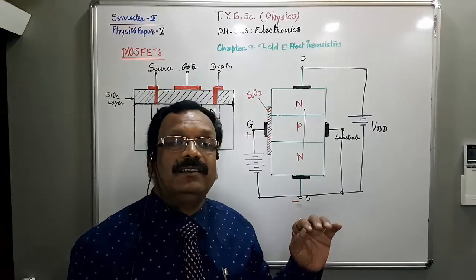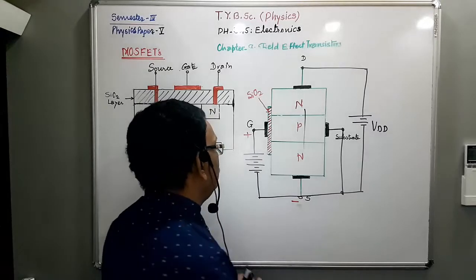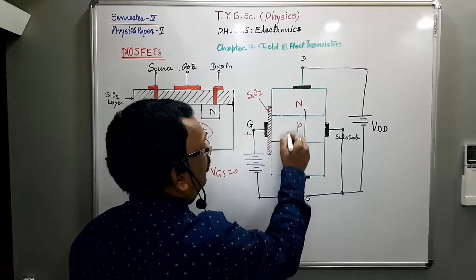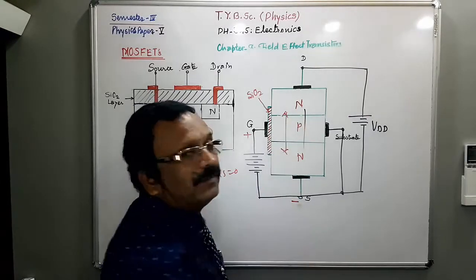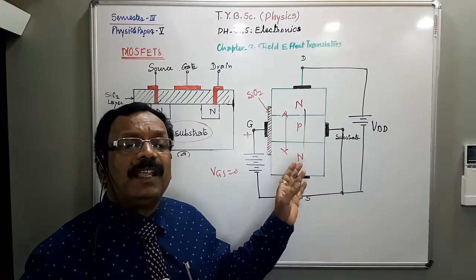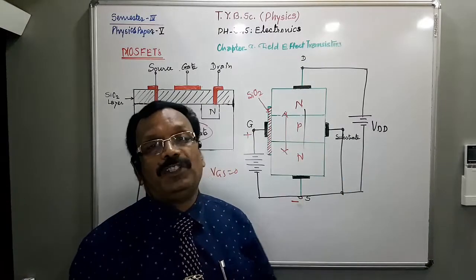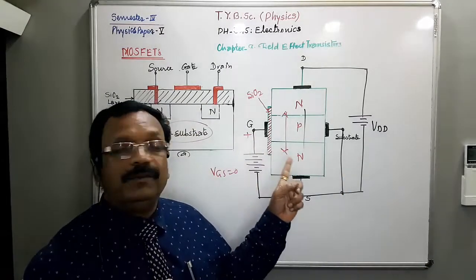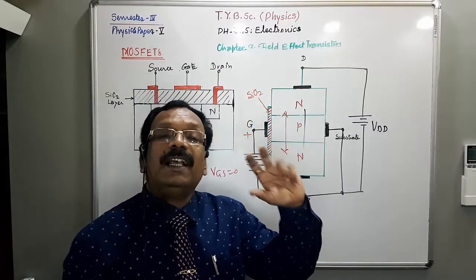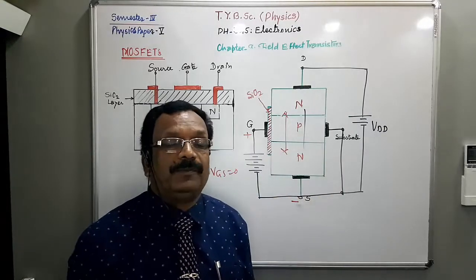As a result, there is no flow of drain current for VGS equal to 0. Flow of electrons is not possible. Because of this, the enhancement type MOSFET is also called a normally off MOSFET.